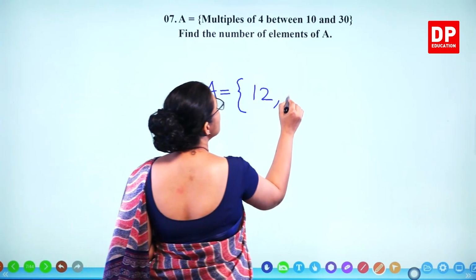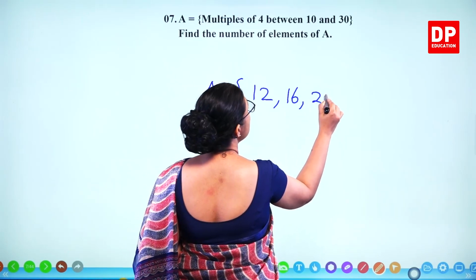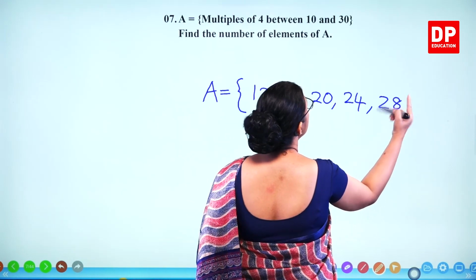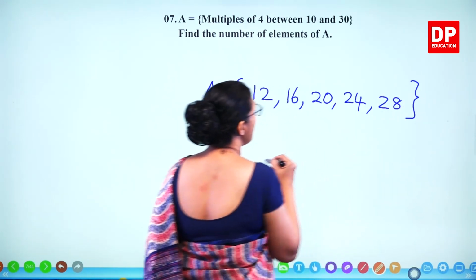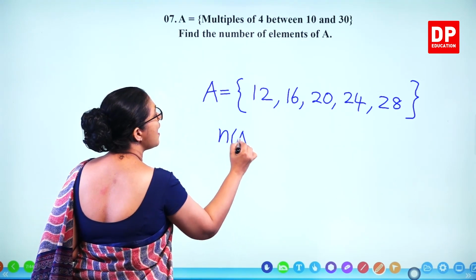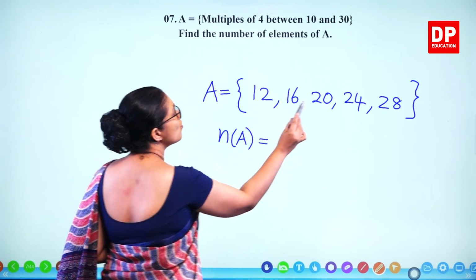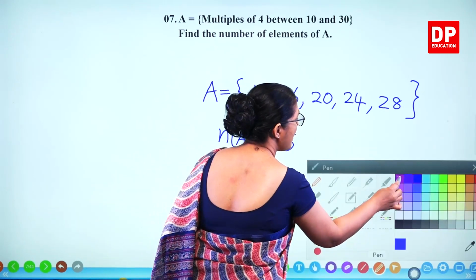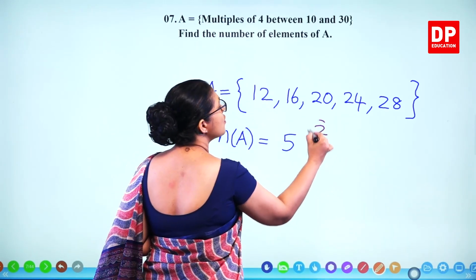Then 16, 20, 24, 28. Next 32, you can't write 32. So that's all. So how many elements are there in set A? 1, 2, 3, 4, 5. So 5 elements are there. So you get 2 marks.